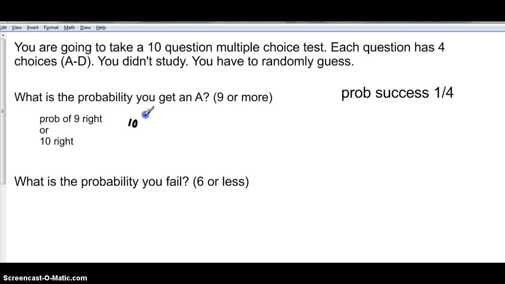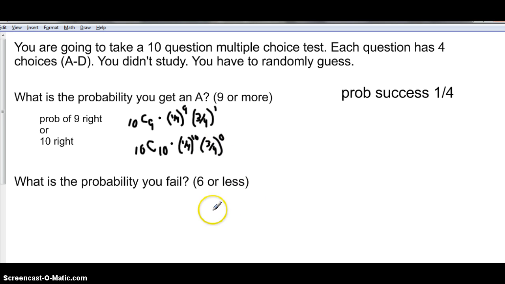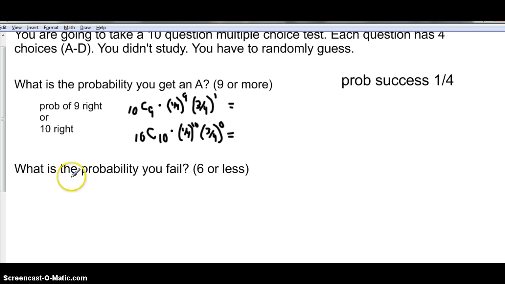So it's going to be 10 choose 9 times 1/4 to the 9th, and then we need to only get one wrong, which is 3/4 to the first, and then it's 10 choose 10 times 1/4 to the 10th, and this 3/4 will be 0 here. And that's not too bad, but unfortunately, if you look at the next question, and we can come back and calculate this, look at the next question, what is the probability you fail?